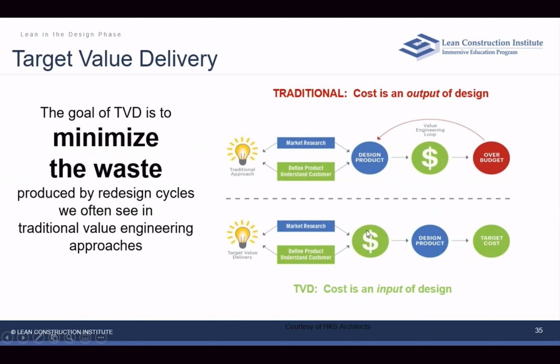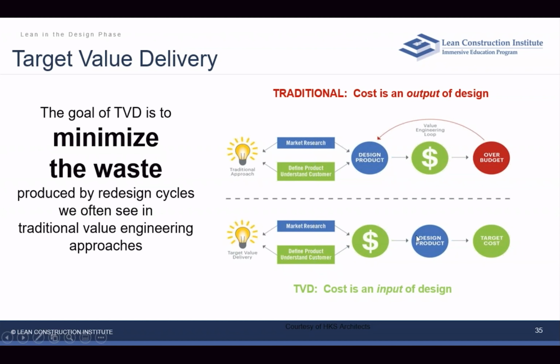By getting that costing earlier up front, before we do the design, and then being constantly aware, we can always be moving towards this targeted cost. Cost then becomes an input to the design instead of an output of the design.